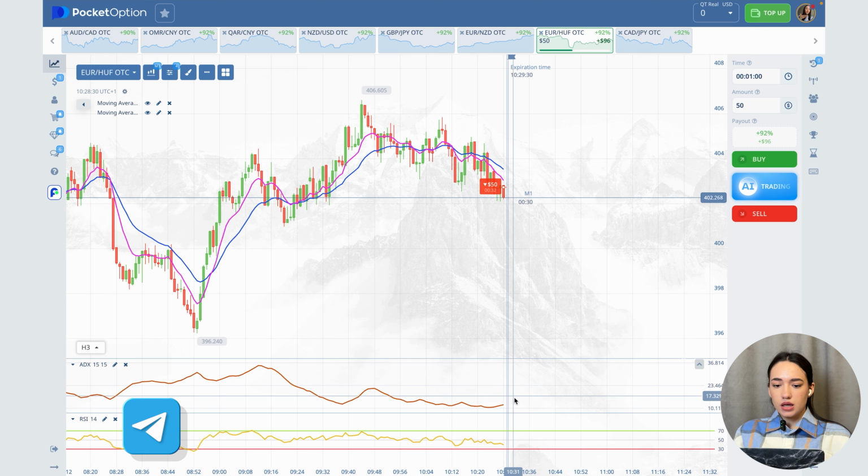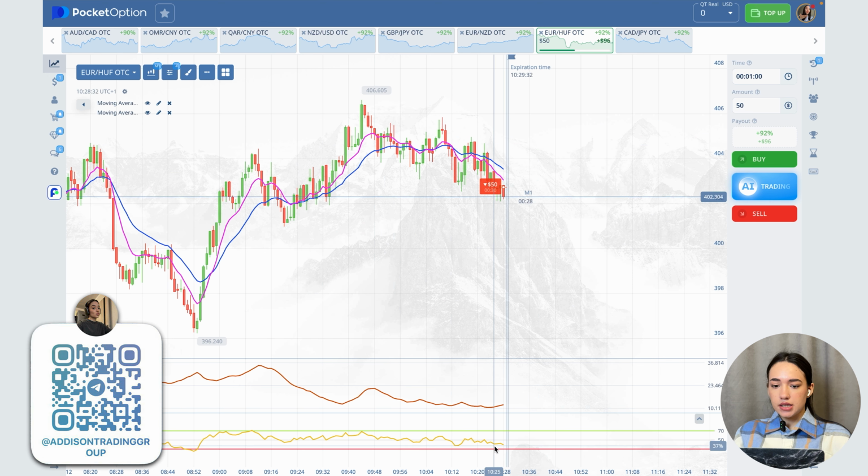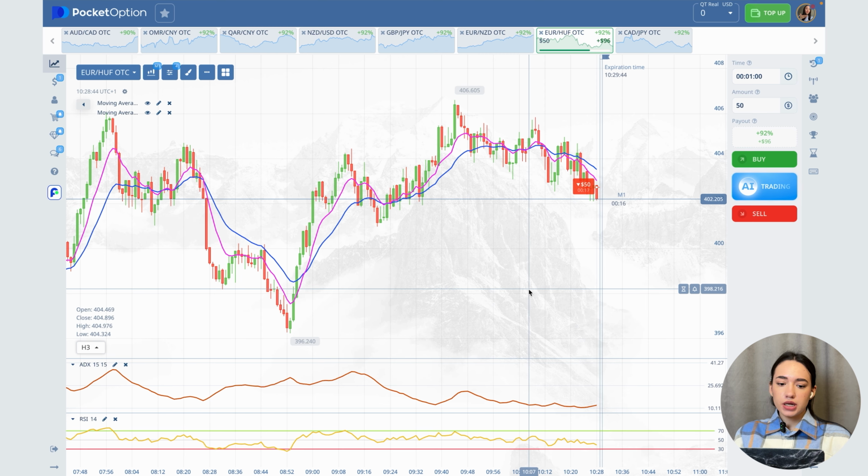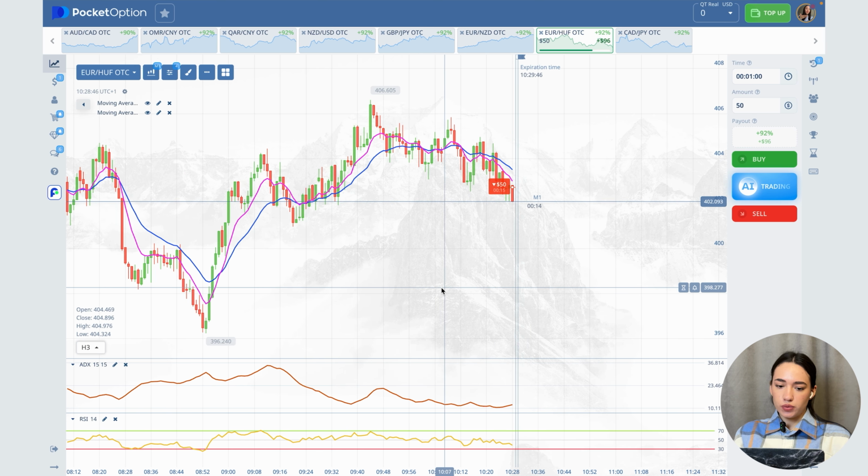So the RSI line is within the 50 to 30 range, confirming the strength of the bearish movement at this moment. And therefore, it makes sense to open a trade down.